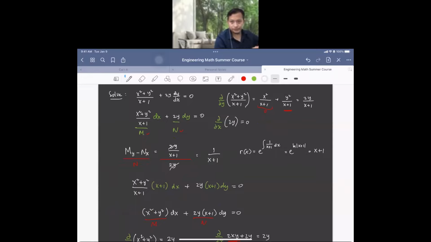Okay, let me move to the next section, which is the substitution. So for chapter 2, we have learned exact equations. Let me just recap what we have in chapter 2: the slope fields, the separable equations, linear equations, substitutions, exact equations.